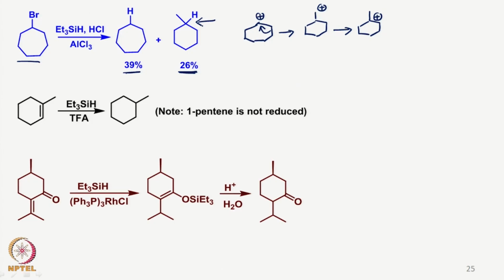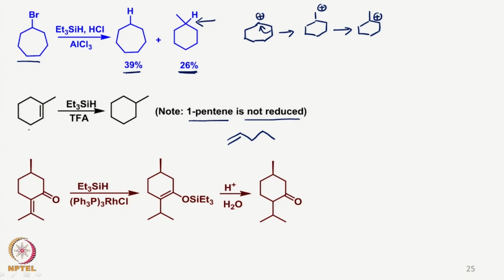But it is interesting to see that if we take a simple 1-pentene, so something like this, 1, 2, 3, 4, 5, this does not get reduced because we do not have a strong possibility of generating a stabilized or stable cation.